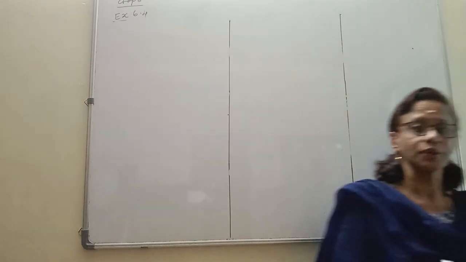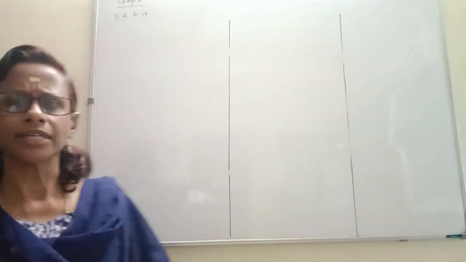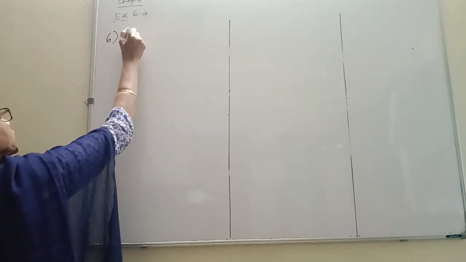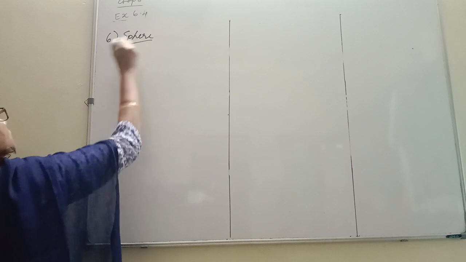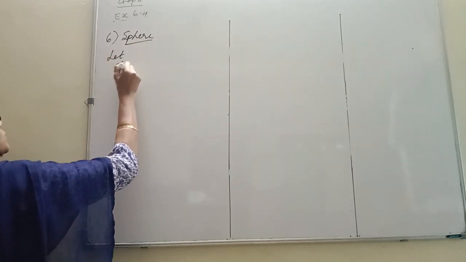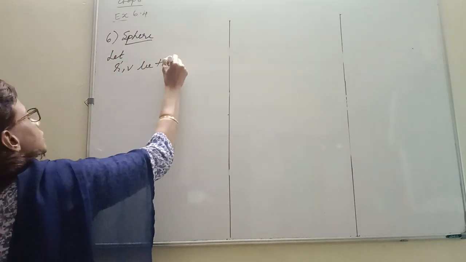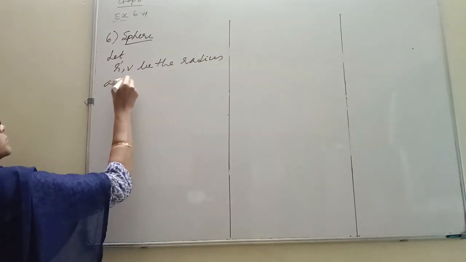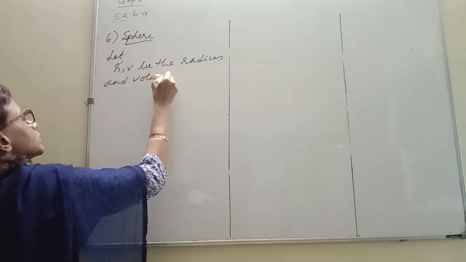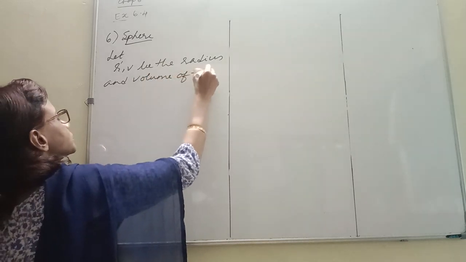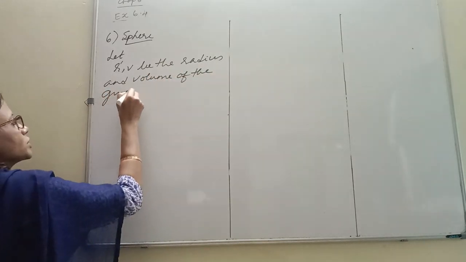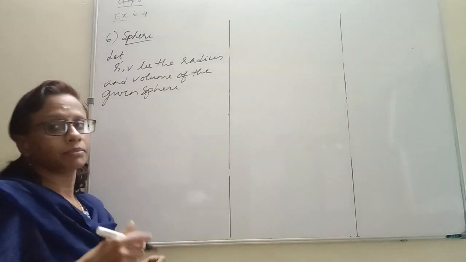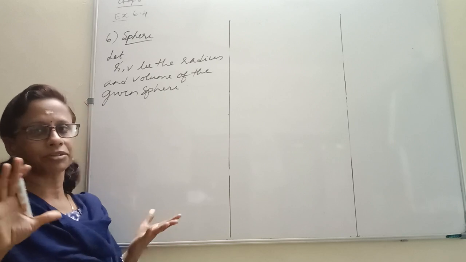It is a sphere. So as usual, this is problem number 6. We are talking about the sphere. So let r comma v be the radius and volume of the given sphere. Yeah, that is just an introduction. Of course, I've told you that depending on the scope of the marks, that way we will try to write our steps.